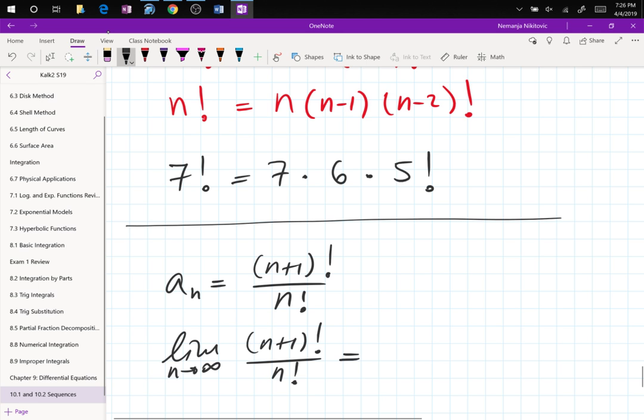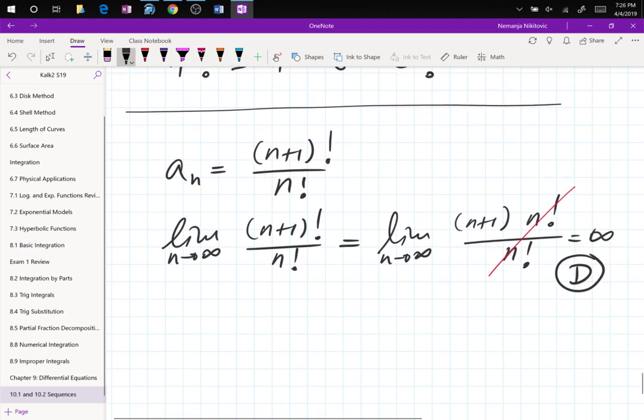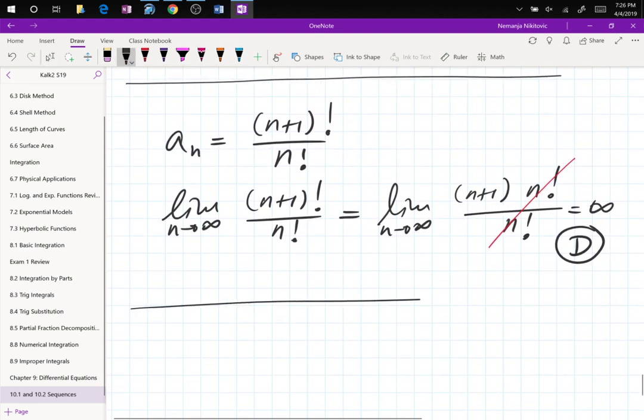To find this, we can't do the limit with factorial, so we have to get rid of it. I'm going to peel off the term that I don't need, which is the n plus 1 term, and then I have n factorial over n factorial, and they cancel, and the answer is infinity, so it diverges.